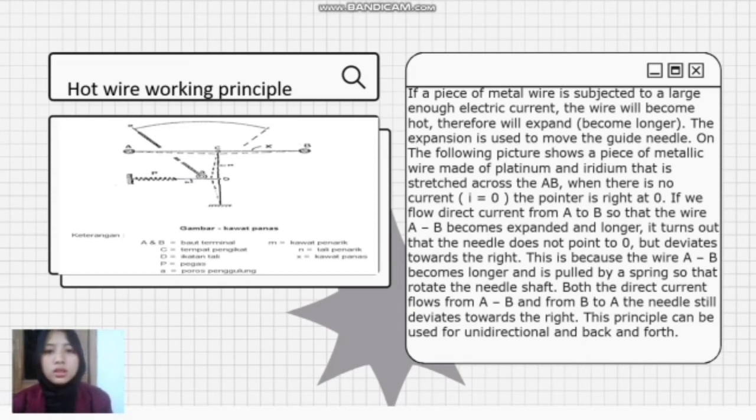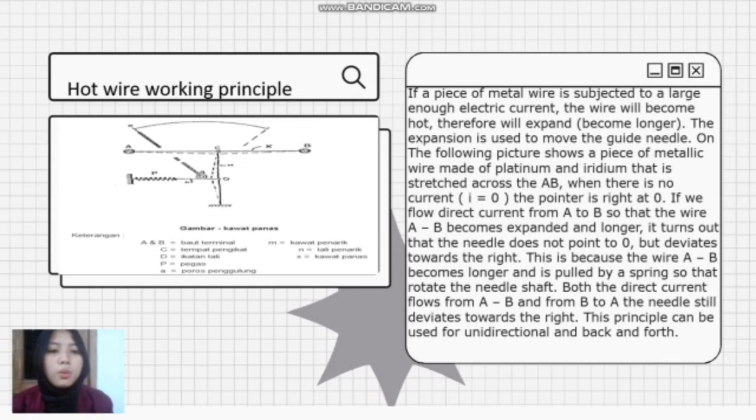When there is no current, or I is 0, the pointer is right at 0. If we flow direct current from A to B, so that A and B become expanded and longer, it turns out that the needle does not point to 0, but deviates towards the right.